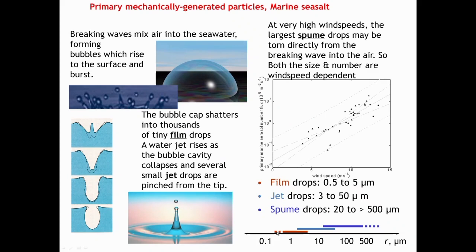And the very finest film drops can last even longer. But they're never injected very high in the atmosphere, so they can never be enhanced in their lifetime in the same way as dust. Dust can be injected quite high in the atmosphere if it's caught in an atmospheric conveyor belt to elevate it in the atmosphere. But sea spray is only ever a low-level phenomenon.